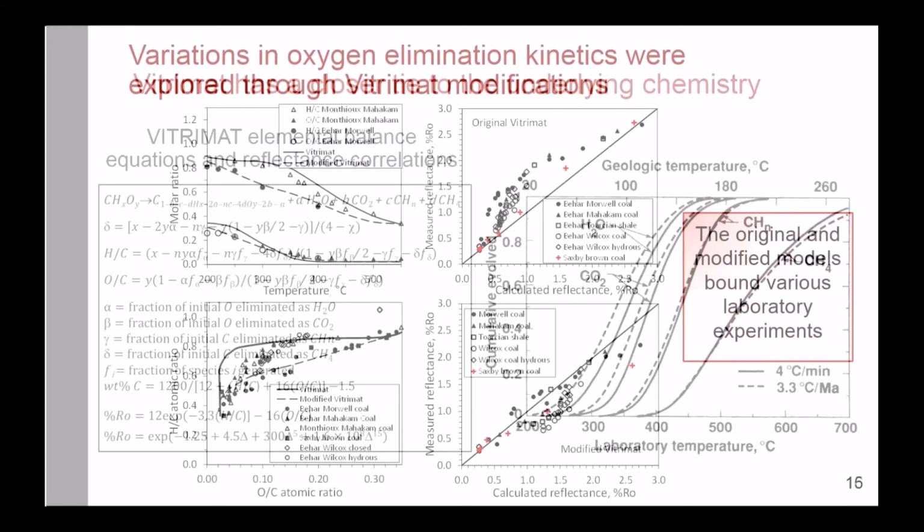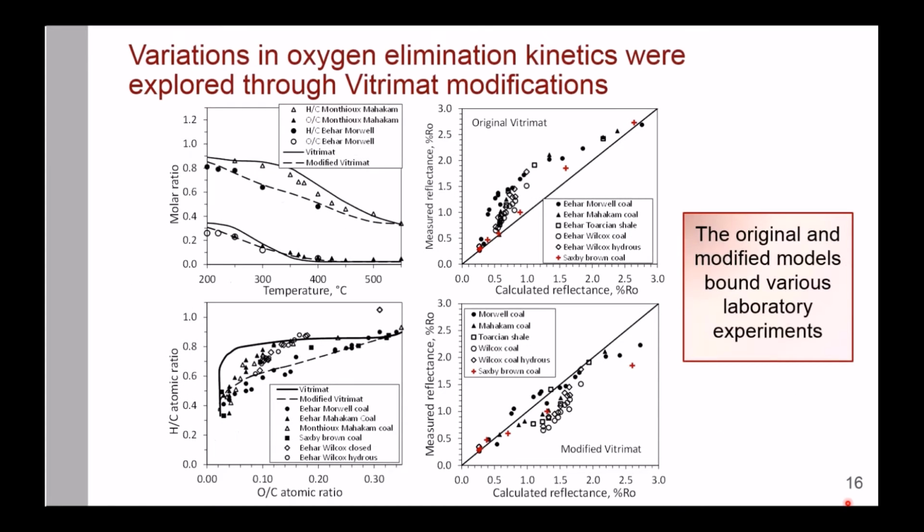So now I've compared in this some of the original data that was used to calibrate Vitrimat by Marc Monthioux on the Mahakam Delta, and then there's some later data by Francois Behar on the Morwell coal. And if you plot the molar ratio versus temperature, what you find is that they're different. So again, stating the obvious, you can't have the same chemical reaction model, at least the parameters of the model, be the same when the data is different.